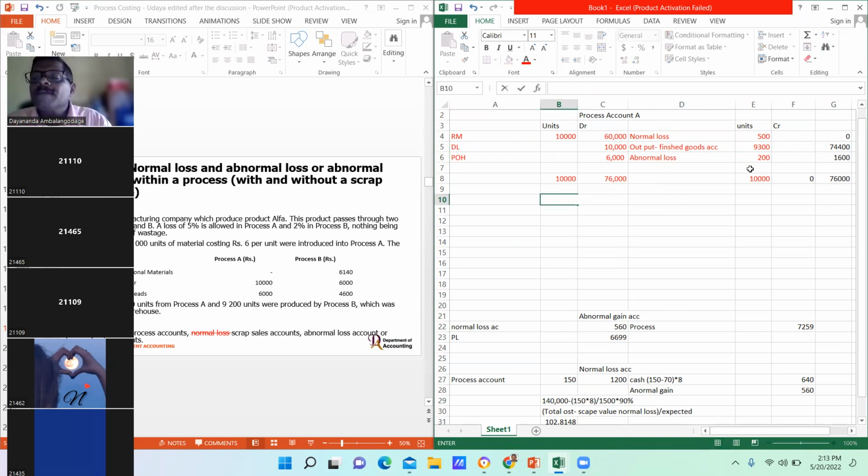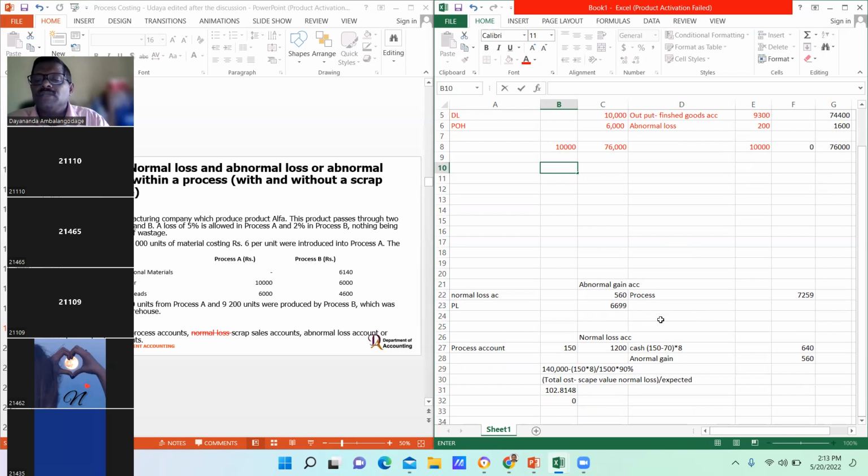And you can prepare the normal loss account. There is no need to prepare it because there is no scrap value. What you can do is the abnormal loss account, not the abnormal gain account. You will have the abnormal loss account, right? You will debit the abnormal loss amount in the process account, by how much? 1,600.